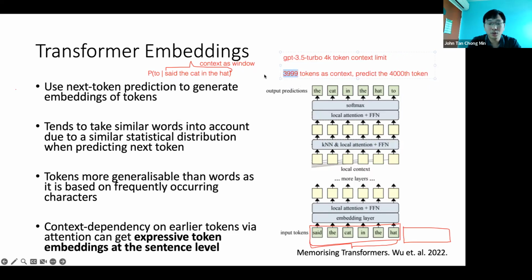Or you treat your 4,000 tokens as your context and then predict the 4,001st token. That could be some limitation because of the amount of memory that we have for the transformer. You have a limited context window, so I guess you could count that as your window.